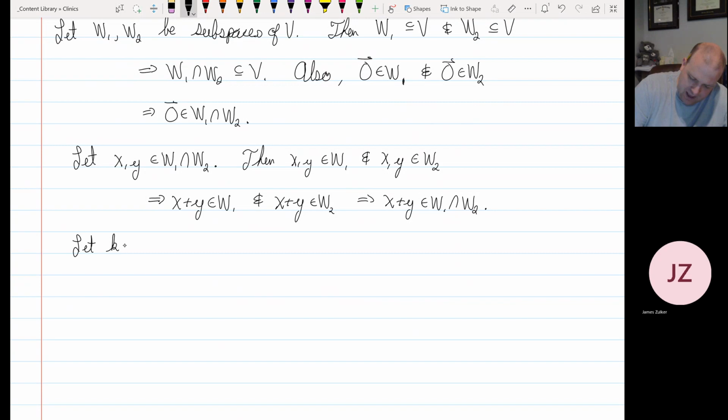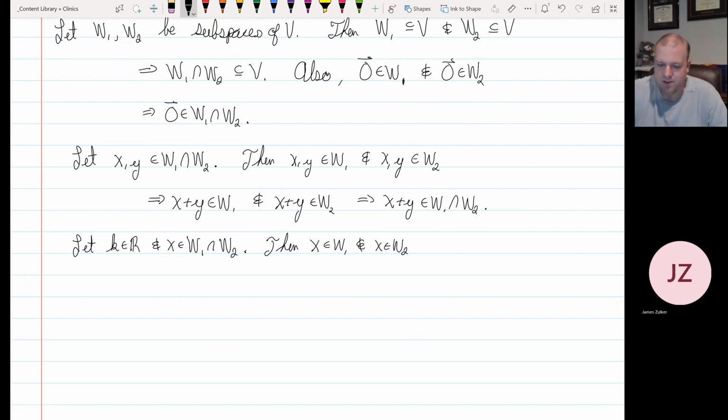Now we let k be any real number and x be any element in W1 intersected with W2. Then this means that x is in W1 and x is in W2, which means that k times x is in W1, because it's a subspace, and k times x is in W2 because it's a subspace.